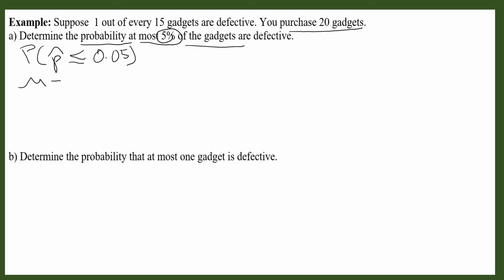Our mean is 1 divided by 15. Our standard deviation is the formula. If you work out the formula, you will find out that sigma is about equal to, if I remember, 0.0558.